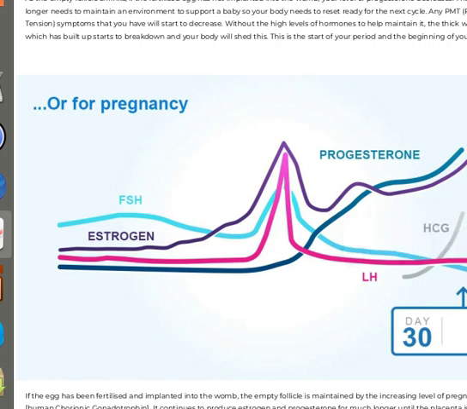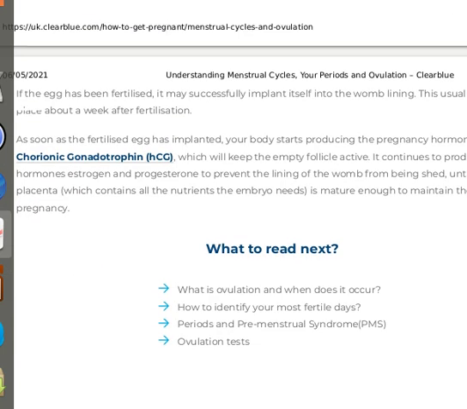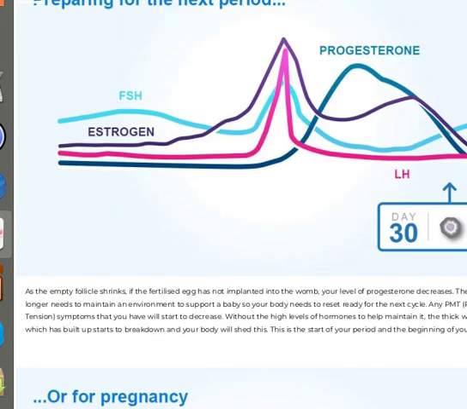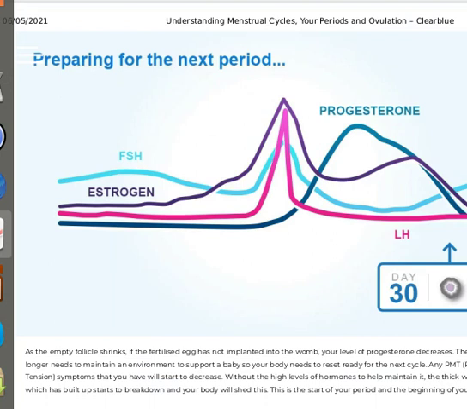Ovulation is going to happen, and that's why we know next day we have to have intercourse. If we do not have intercourse, the two levels are going to drop. This is progesterone and estrogen. Perfect. Thanks.